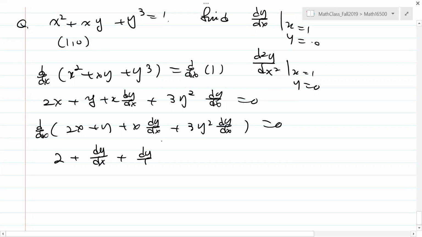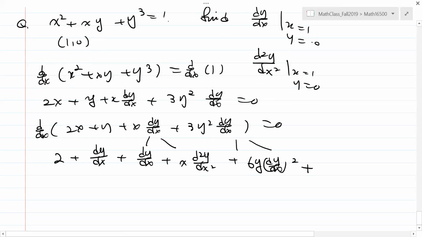It's better to draw a picture so that you will not miss any term. This is where the second derivative appears. And for the last term you differentiate 3y squared: it'll be 6y (dy/dx) squared, plus 3y squared d squared y/dx squared equals 0.